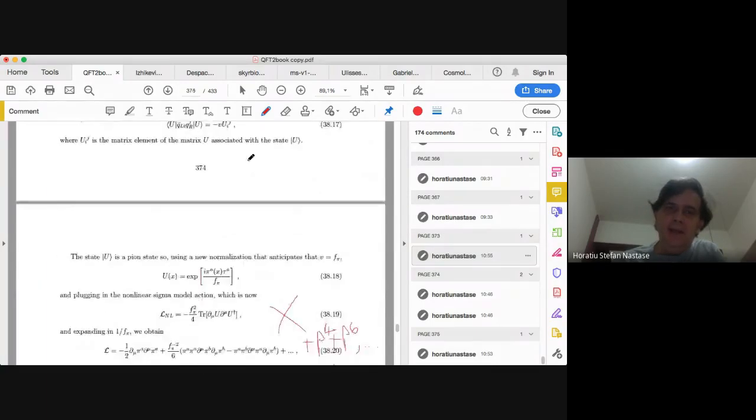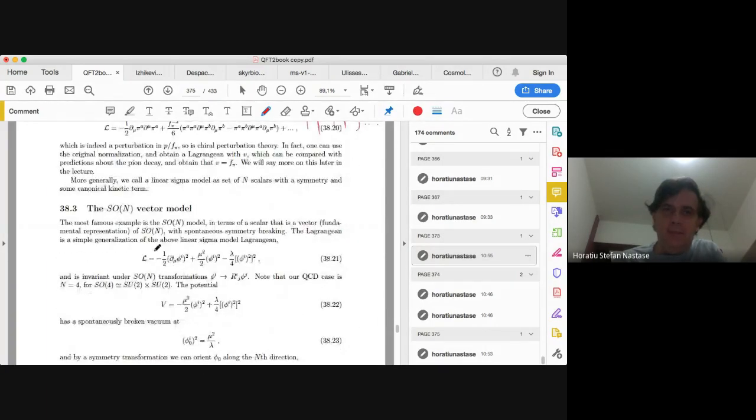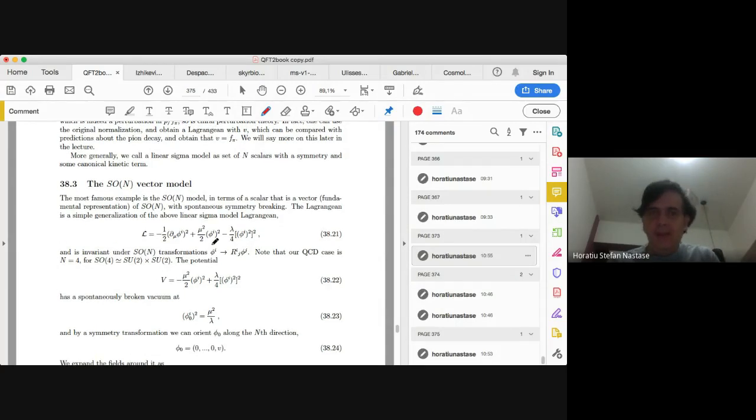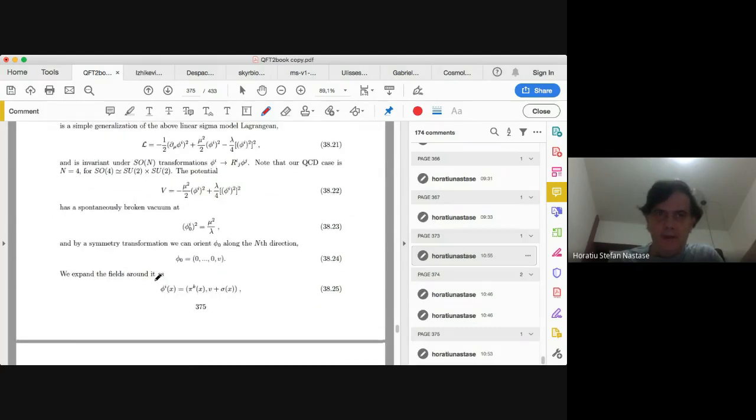But now I can write this Lagrangian for n equal to 4, for SO(4) equal to SU(2) cross SU(2) invariance, and then I act with really SO(4) in this way. So the 4 scalars are now in the fundamental representation of SO(4). And of course, this potential has a spontaneously broken vacuum at phi 0 I squared equal to mu squared over lambda as before.